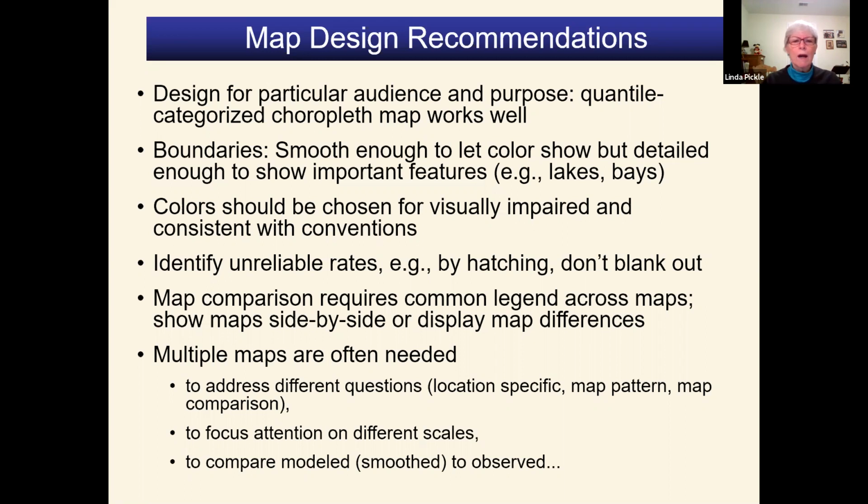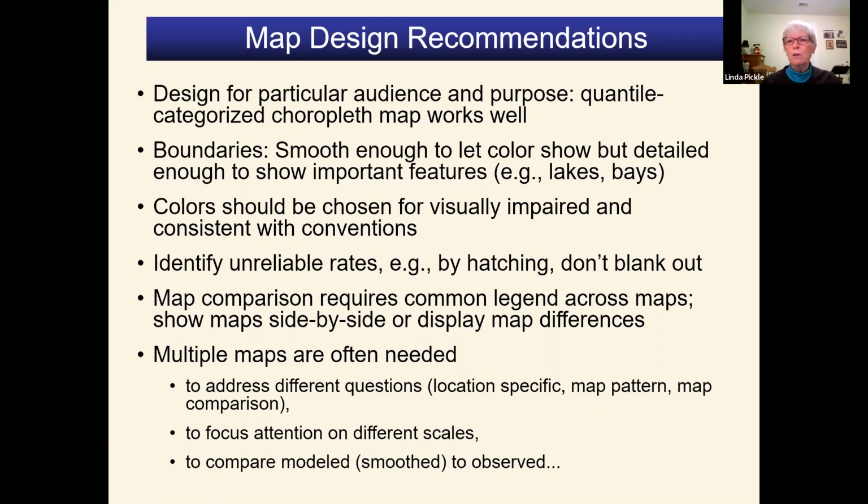Rarely can a single map do everything. We should identify unreliable rates by hatching, so don't blank them out. And map comparisons definitely require a common legend across maps, and you should show maps side by side or display map differences.